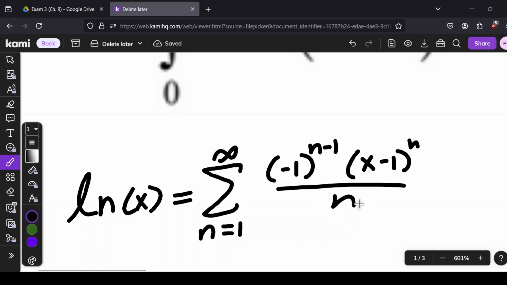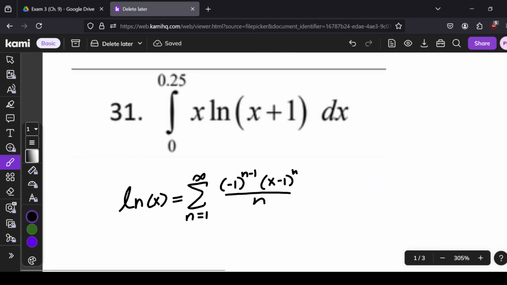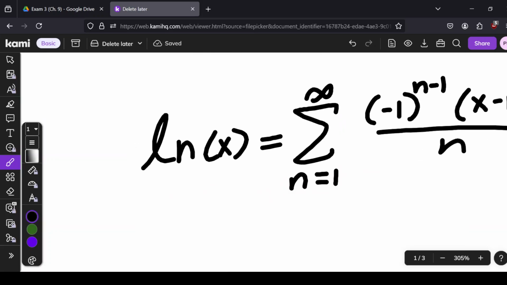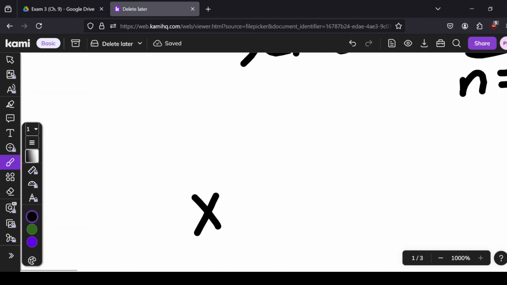It can't be n equals 0 because then it would be dividing by 0, and you can't do that. So here we have the power series for the natural log of x, and in our equation it's being multiplied by x, and you can just add that in.